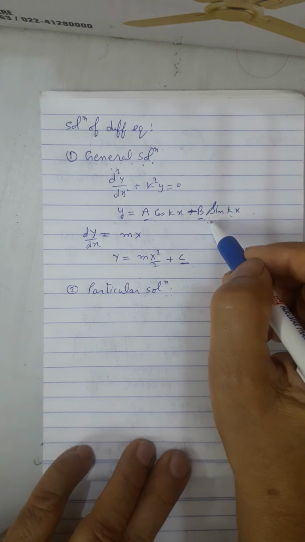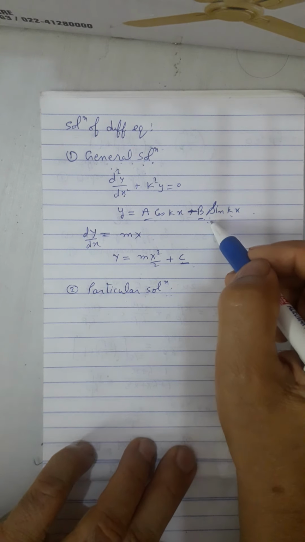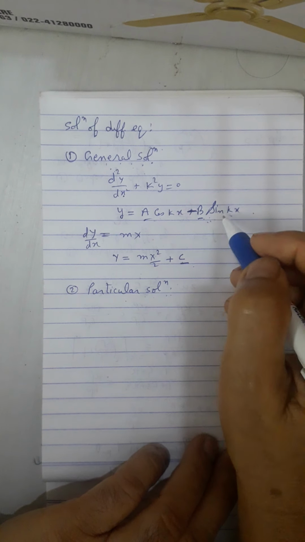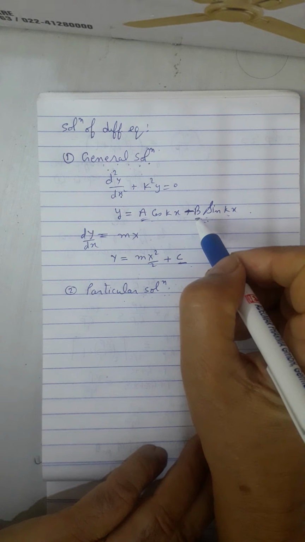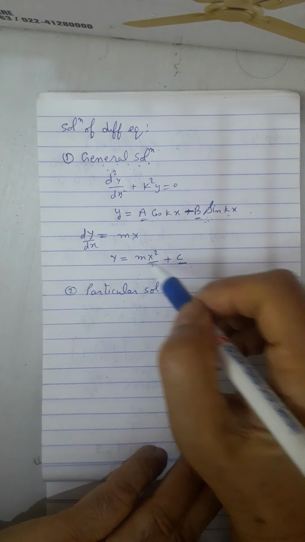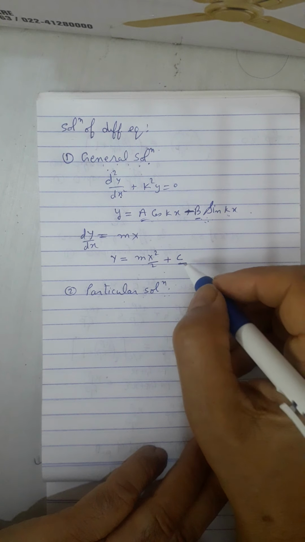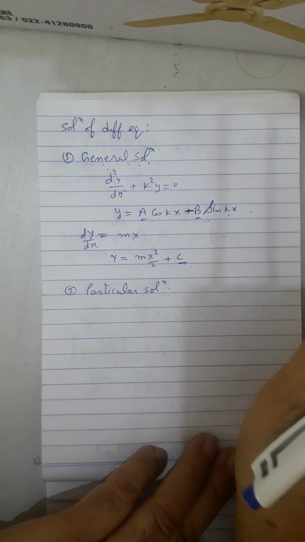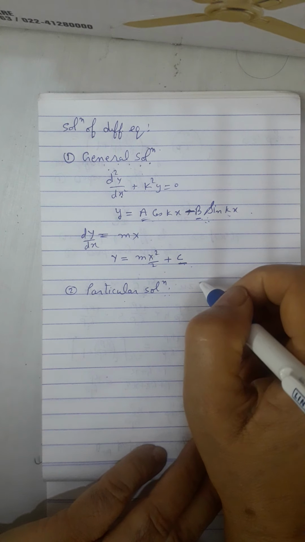If we say that at x equal to pi by 2, y is 0, and at x equal to 0, y is 1, we can find the values of a and b. Similarly, in the second equation, if we give some particular value to c, say 1, 2, 3 or any other value, then this solution will be called a particular solution.